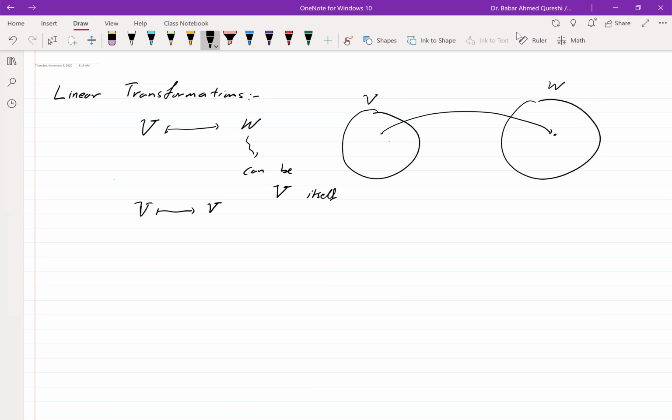So you take a vector here and map it to some other vector in the same space. That is just a map in general. That's what a map is.